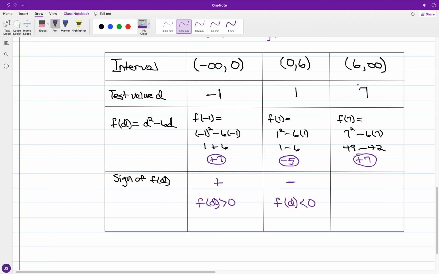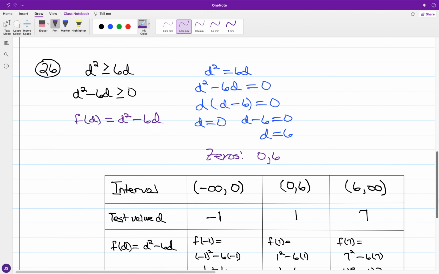And then anything selected that is greater than 6, for the input, the output is going to be positive, so we're going to have f of d is greater than 0. Okay, so just taking what we have, going back to our original setup.